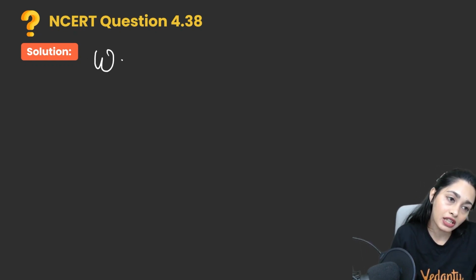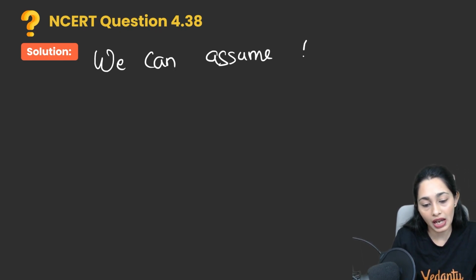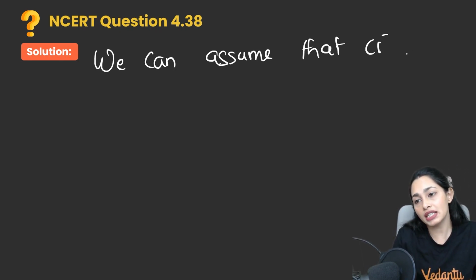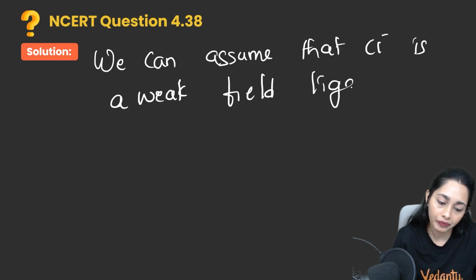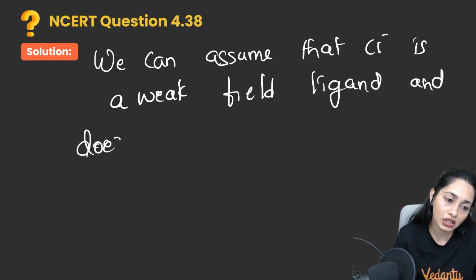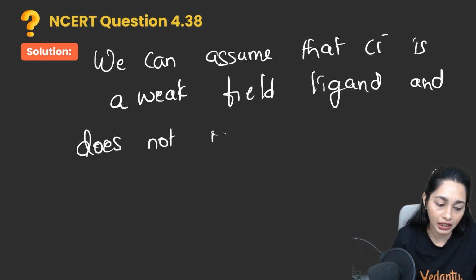So we can assume that Cl minus is a weak field ligand, and does not induce electron pairing.